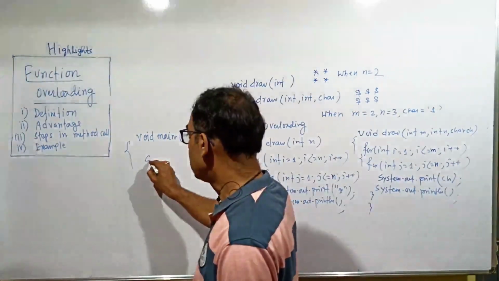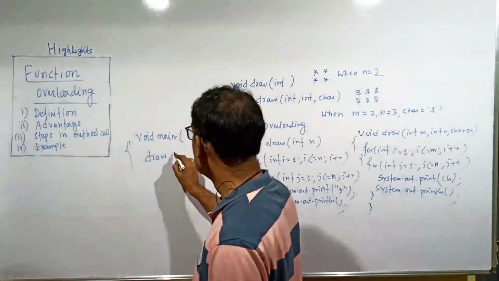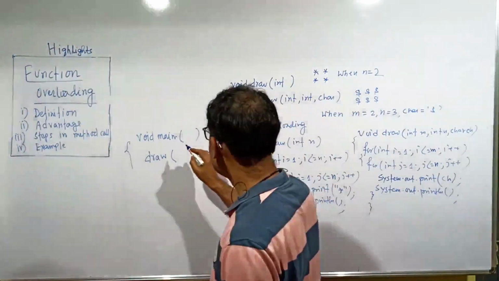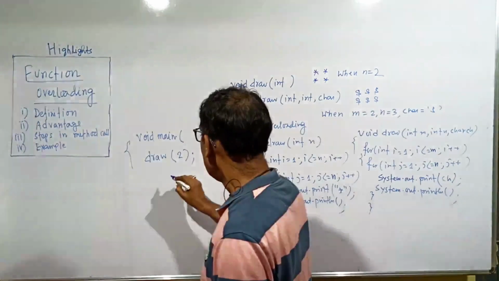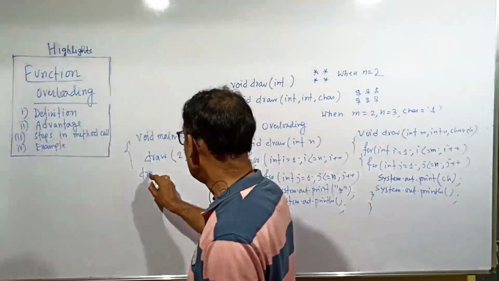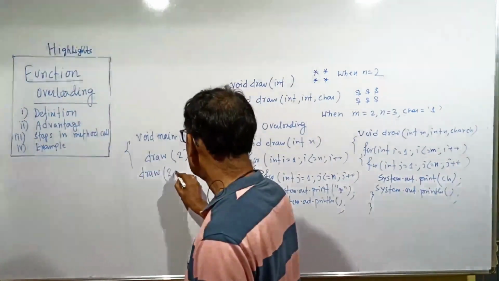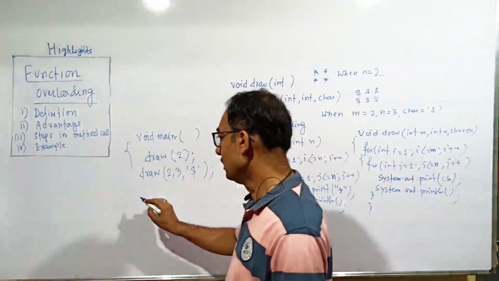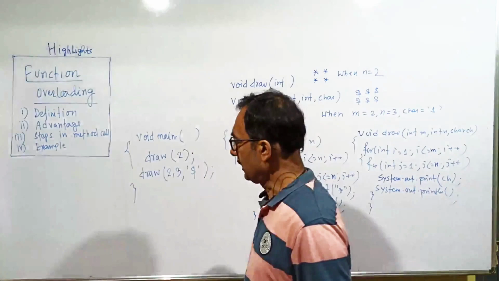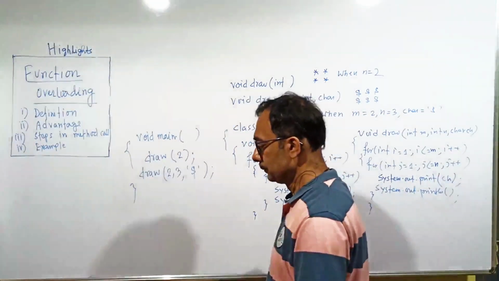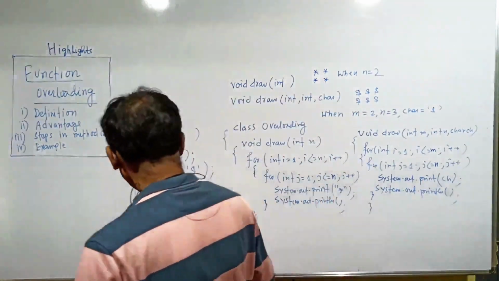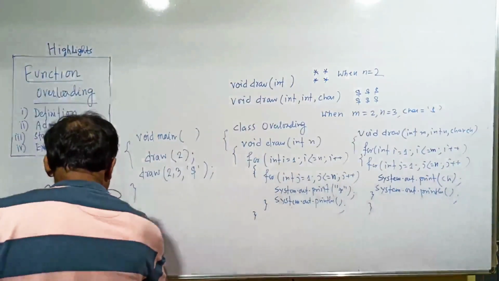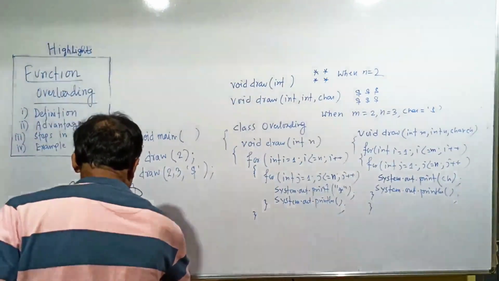So for the first case we can write draw, and here the value of n is 2, and in the second case draw 3, and here dollar as it is given in the question. So this is the main method. Now we will end the class.